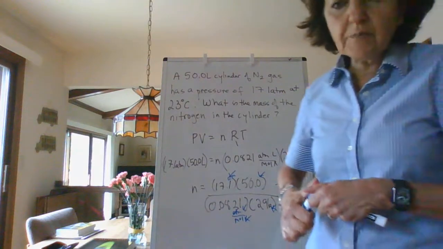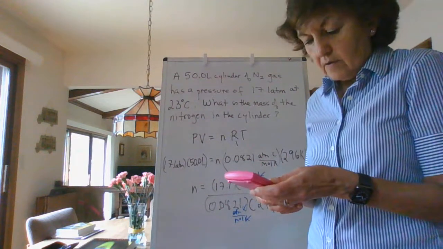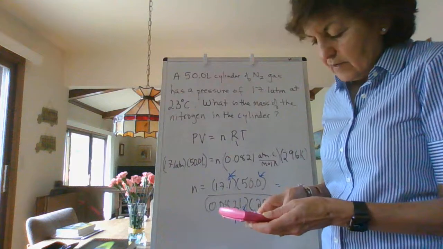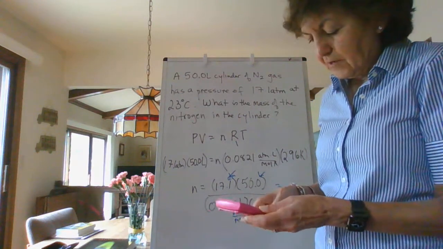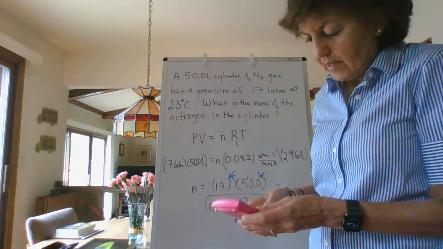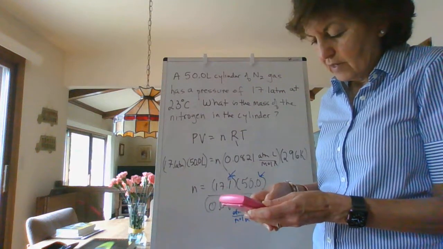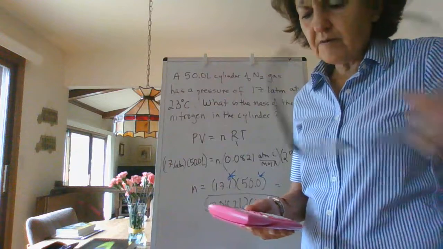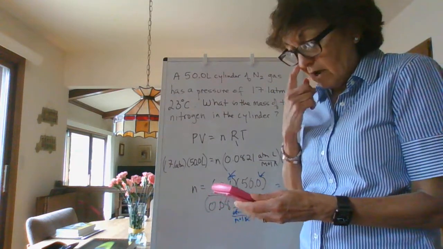All right, so you pick up your calculator and you plug it in correctly. Just make sure I have this. 17.1 times 50 divided by 0.0821 divided by 296. All right, let me see if I plugged in my numbers right without my glasses.